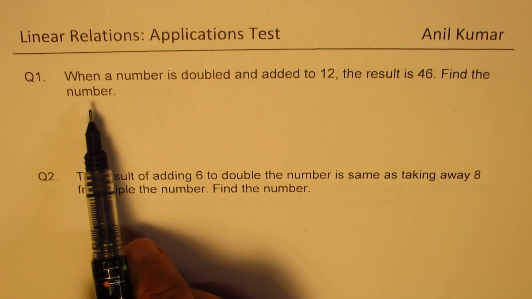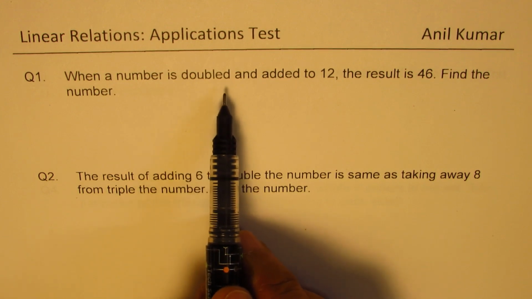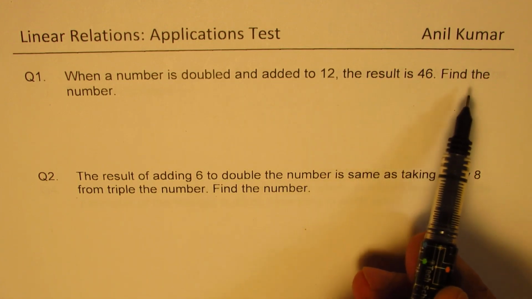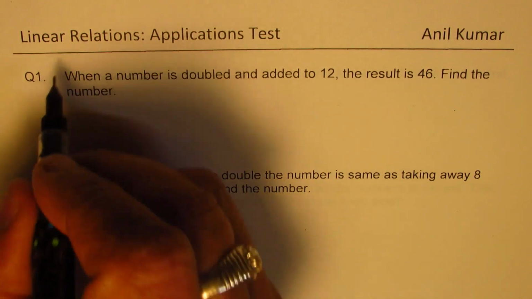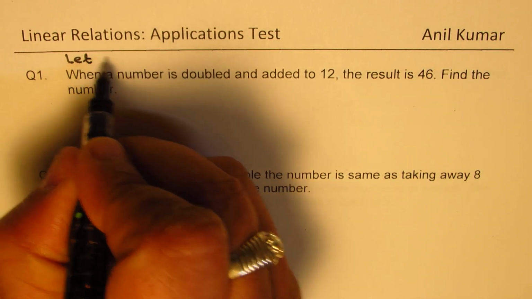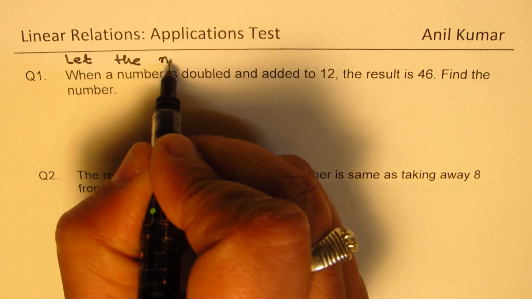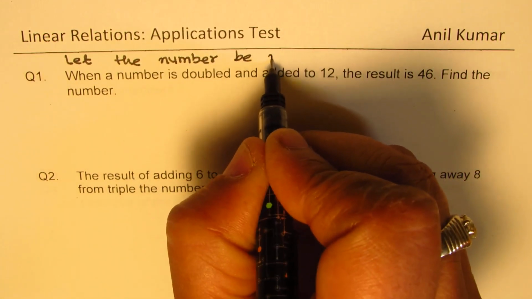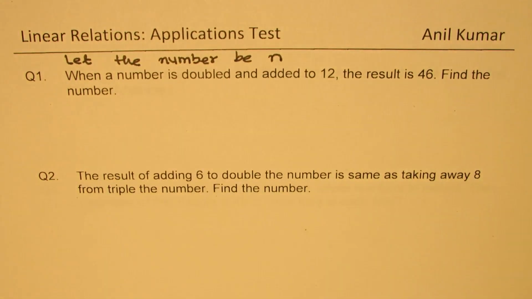Question number 1 is, when a number is doubled and added to 12, the result is 46, find the number. So we'll always say, let the number be n. So I'm writing here once for all.